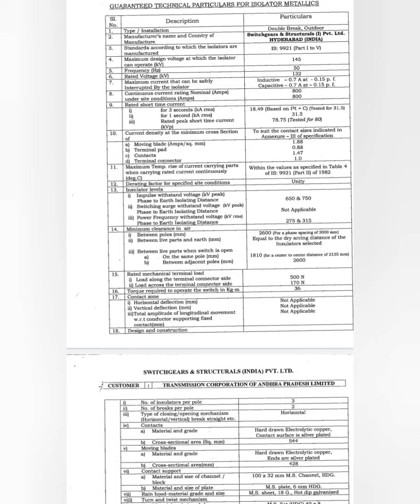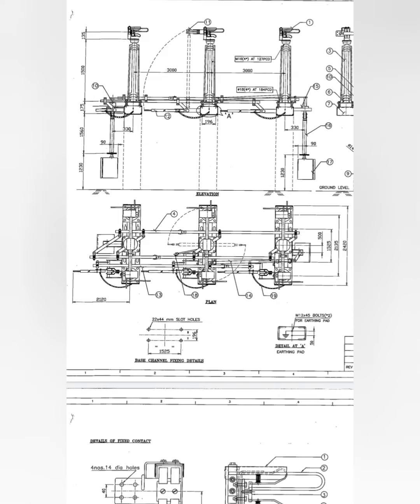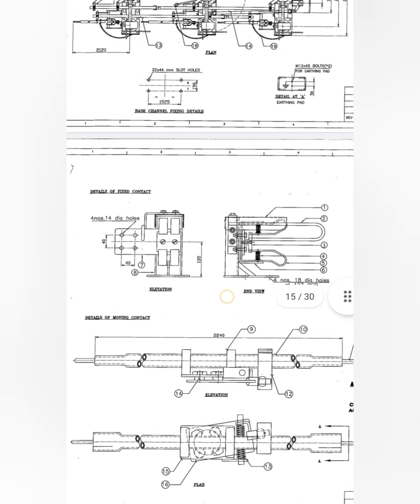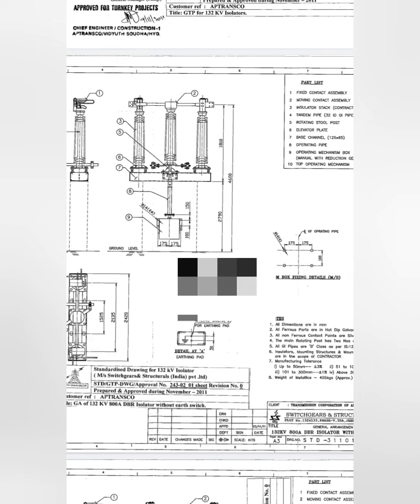Next, coming to the civil diagrams. This is your side view and the top view of your isolator, same as the previous one. Here we additionally have local and remote operation.